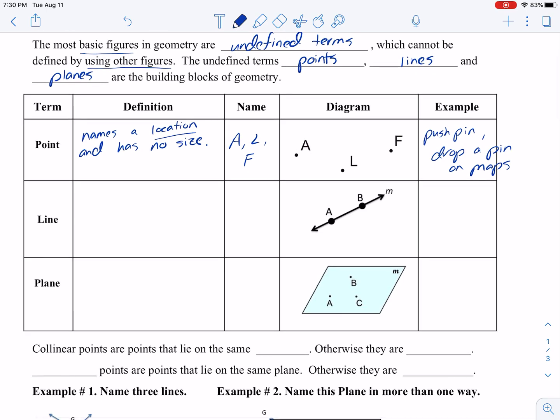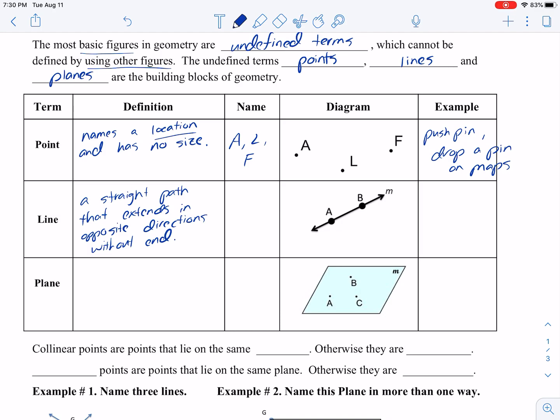A line is a straight path that extends in opposite directions without end. Right, you're going to see lines everywhere in geometry this year.